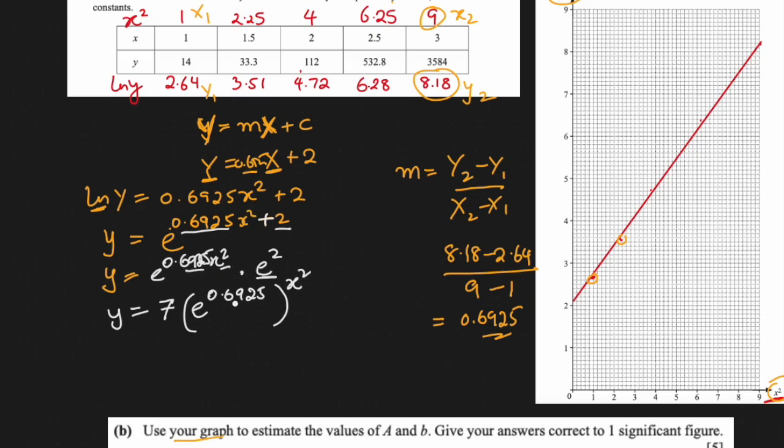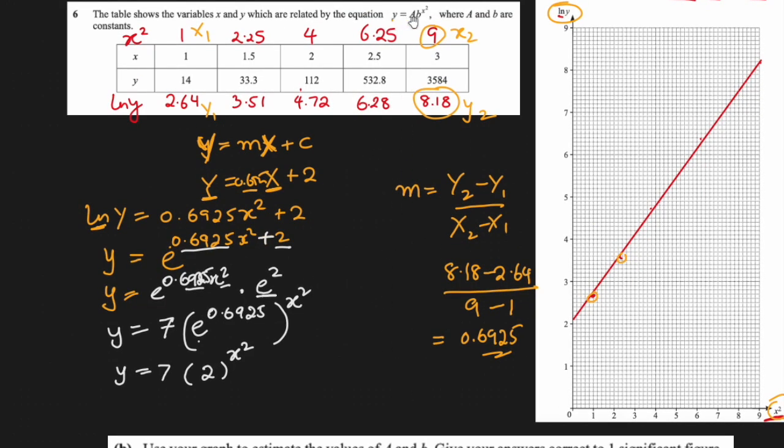They're multiplying, so it should be an exponent over an exponent. Now we put e to the power 0.6925 in our calculator, and we get about 1.99 something. So it will be 7, 2 to the power x square. 1.99 can be written as 2. So this whole becomes 7 times 2 to the power x square, and it is exactly in the format they wanted: y equal to a b to the power x square. So a is 7, small b is 2. We got a and b.